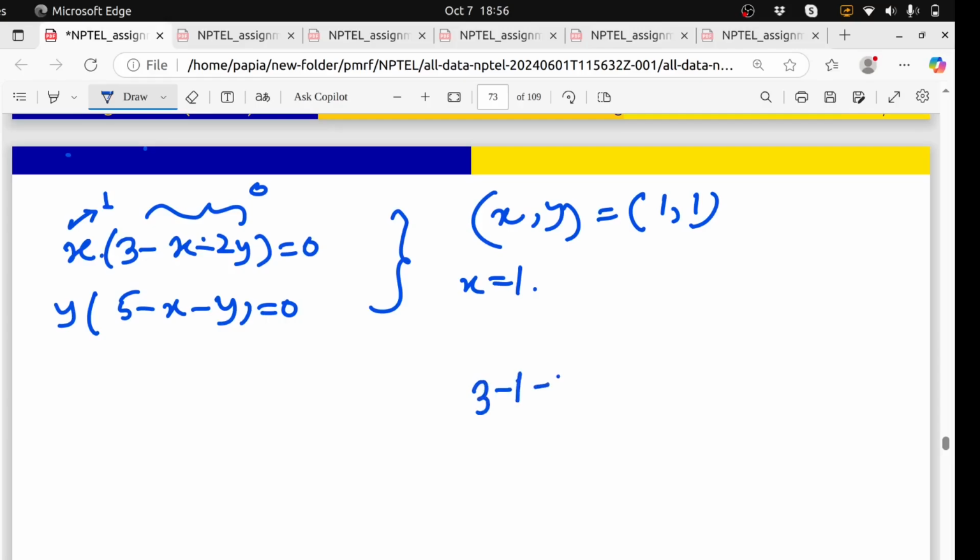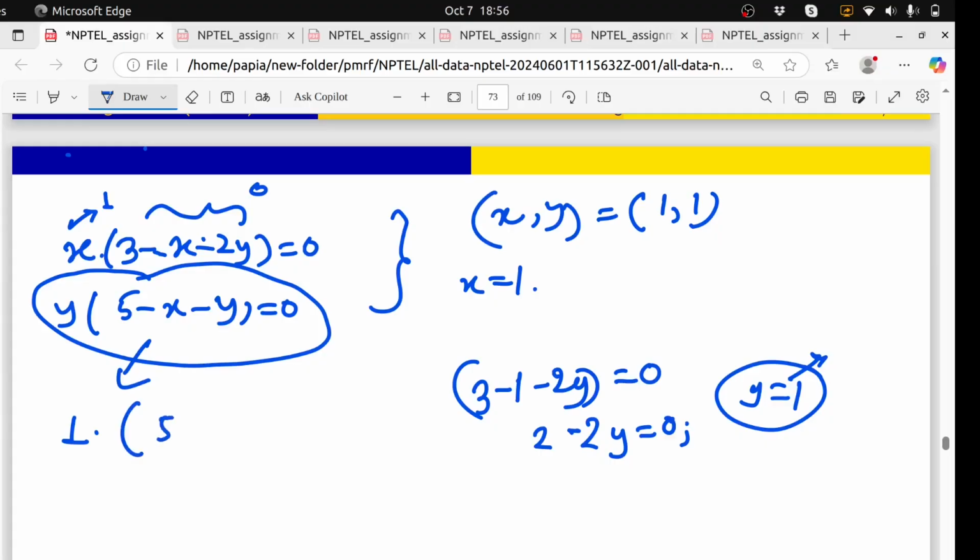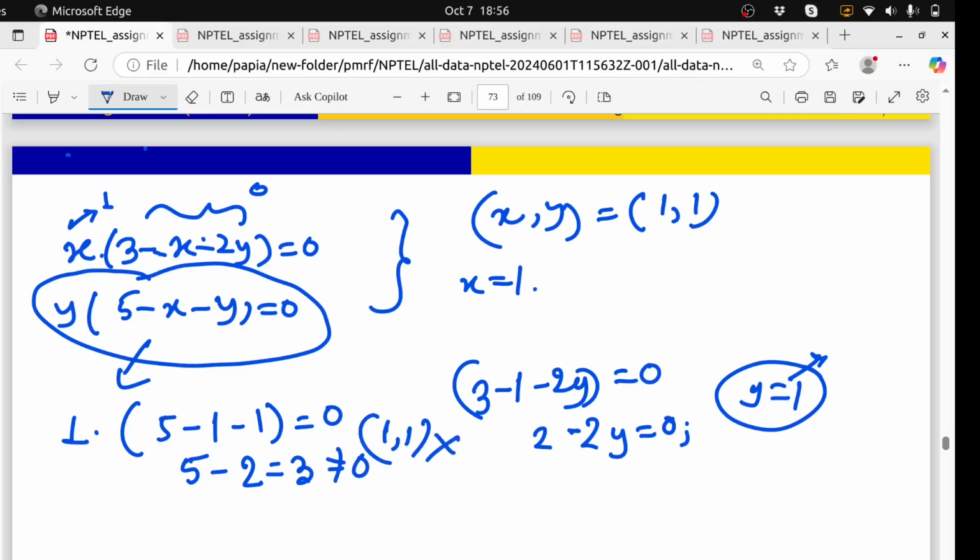So 3 minus 1 minus 2y should be 0. So 2 minus 2y should be 0. So y is 1. This y is coming as 1, but it should also satisfy this expression as well. If I put y equals 1, then 5 minus 1 minus 1 should be 0. But 5 minus 2 is 3, which is not equal to 0. So (1, 1) is not correct.